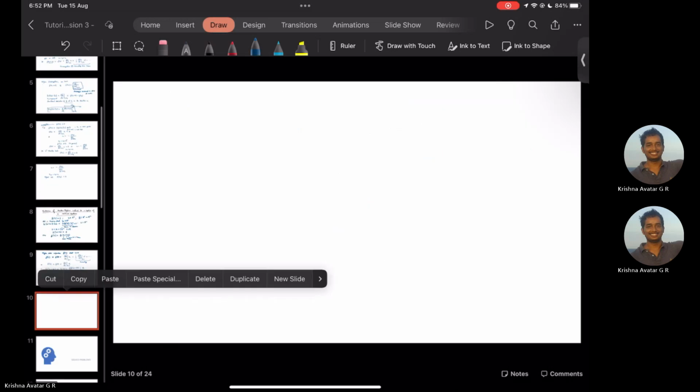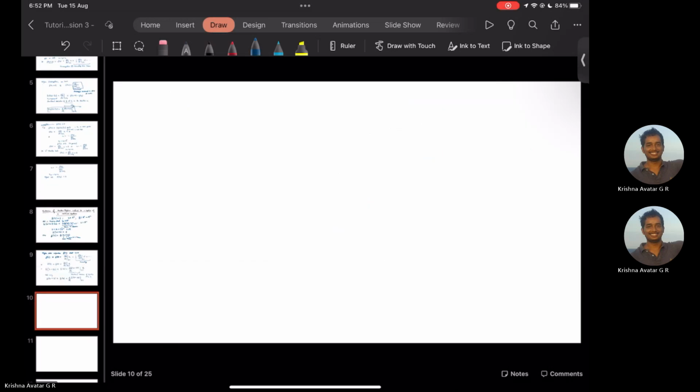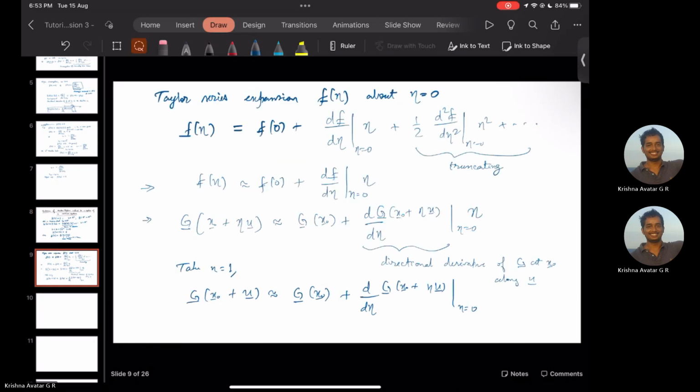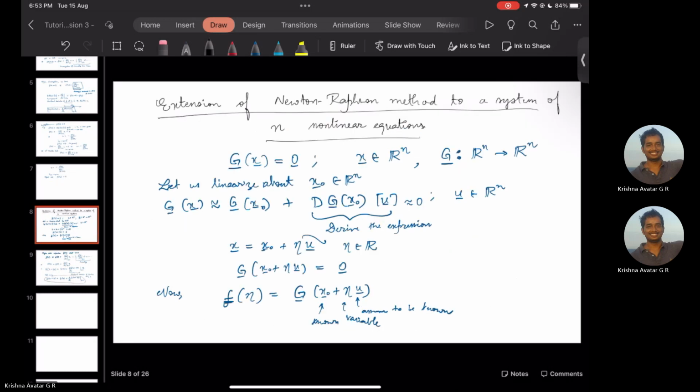So now we have the operational definition of a directional derivative for a vector valued function, isn't it? Now we can write this by comparing this equation with this one. Now you clearly see, right?